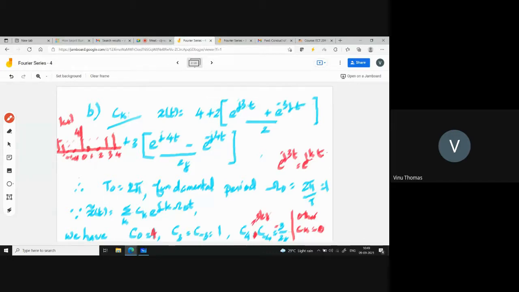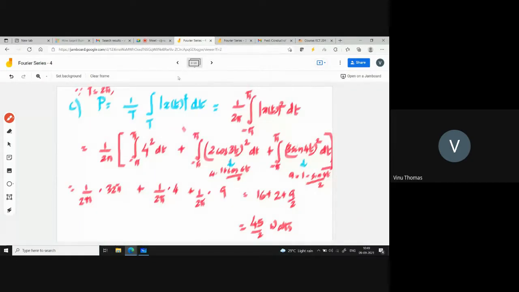You see that there is no 1 radian per second component in this vector. So it is not necessary to have a line at the fundamental frequency component. There is no need for a line to exist at the fundamental frequency component of the composite periodic signal.